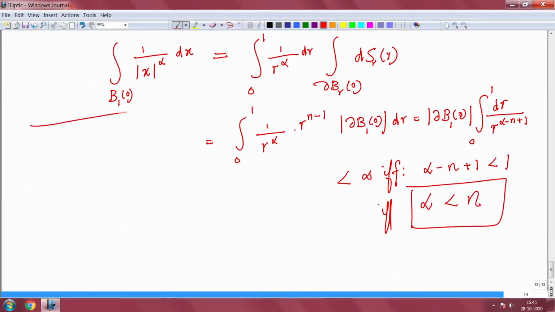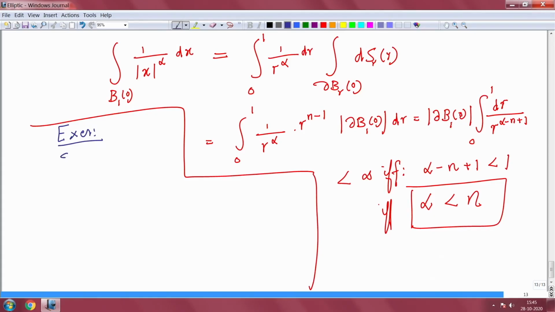Now, look at here. This is an exercise I am giving you. You have to do these exercises. Phi x you already know. So, look at phi x. Phi x behaves like 1 by mod x to the power n minus 2, right, if n is greater than or equal to 3, and for n equal to 2 it is log mod x.